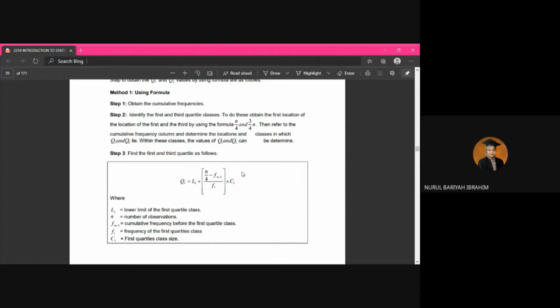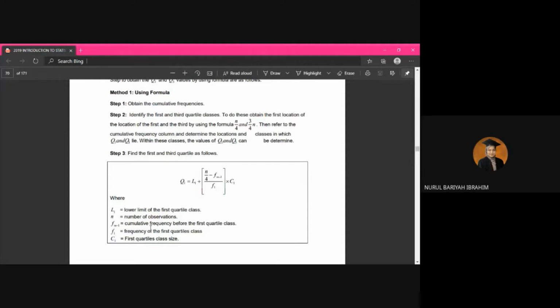Because if you observe this formula, to get Q1, it is L1, which is the lower limit for the first quartile class, plus n over 4, where n is the number of observations or total of the frequency, minus F(m-1), which is the cumulative frequency before the first quartile class. We need the value of cumulative frequency, so we need to create another column for the cumulative frequency.